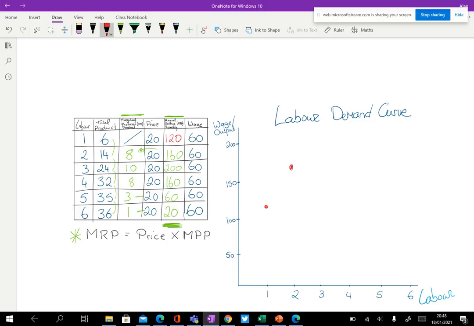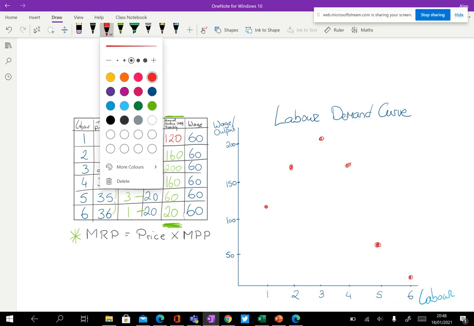At 3, if we hire a third member, they're actually bringing us 200 in additional revenue. And the fourth brings in 160, which is about here. 5 brings in 60, so serious nosedive here. And then 6 brings in 20, so really poor.